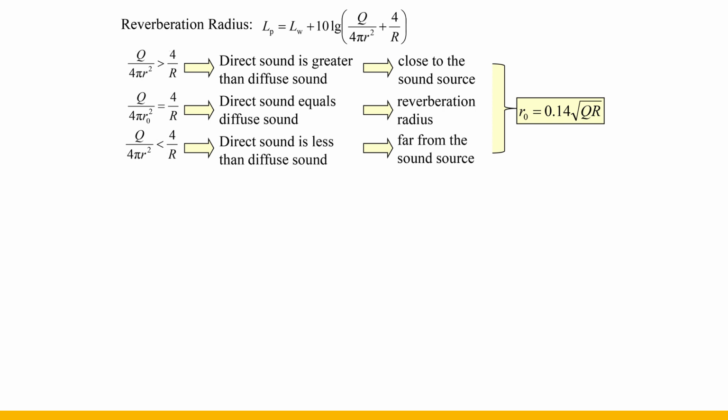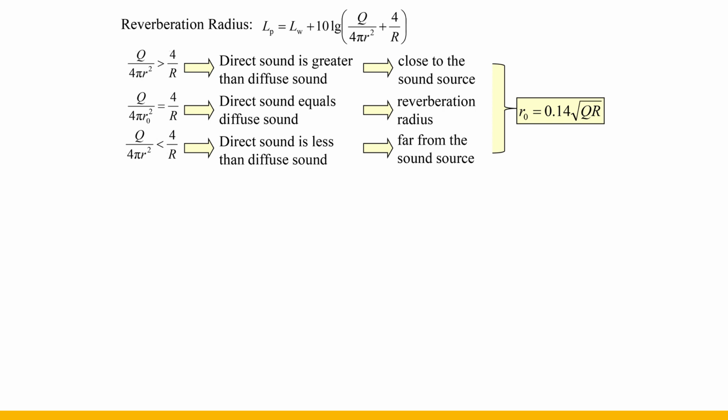Therefore, the comparison between the distance between the receiving point and the sound source and the reverberation radius can be used to judge whether the noise reduction by absorption method can be used. When the receiving point is within the reverberation radius, the direct sound is mainly received, and the effect of noise reduction by absorption is poor.